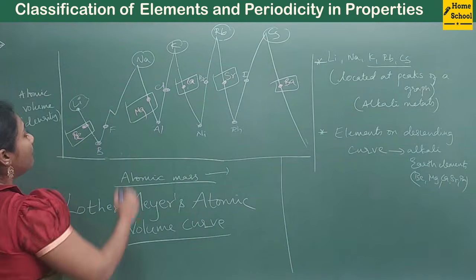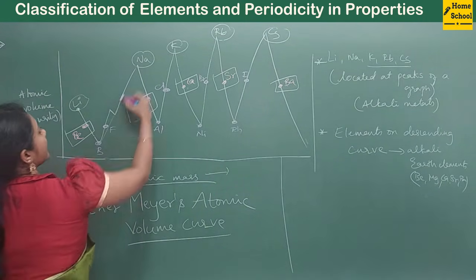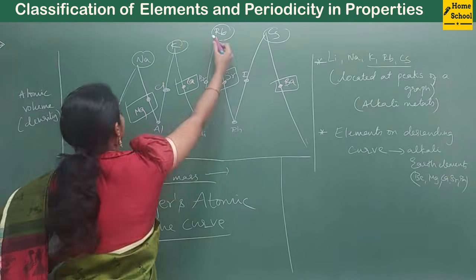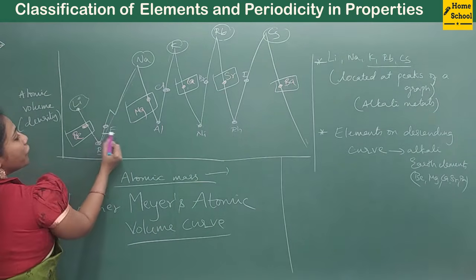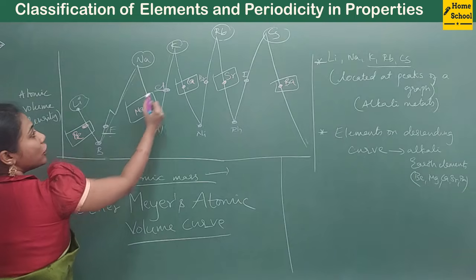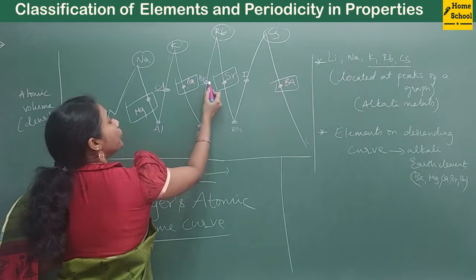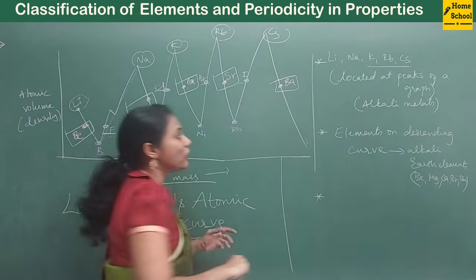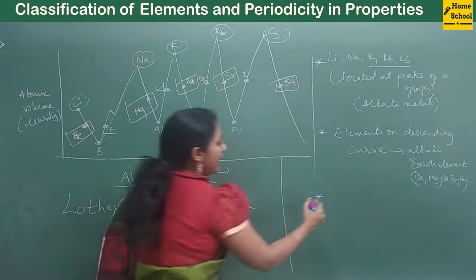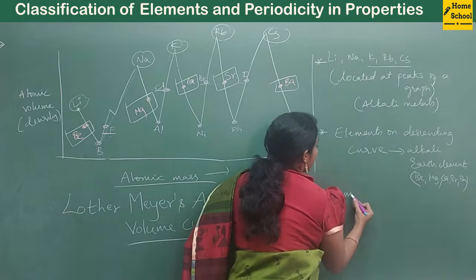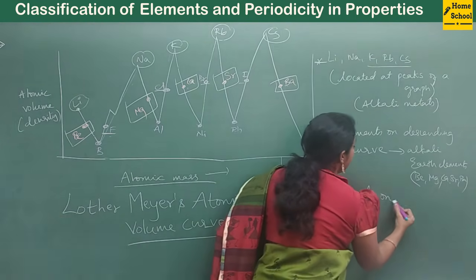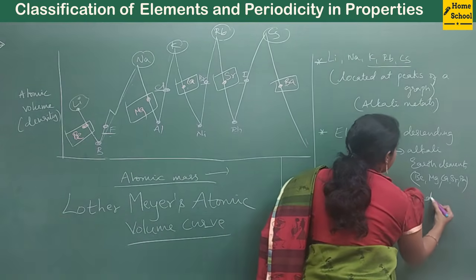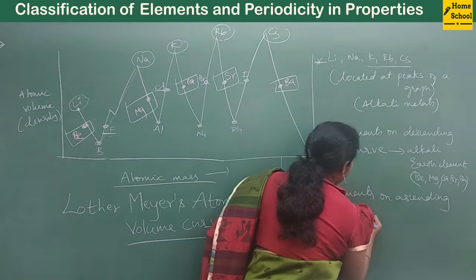And now you see the upward curve. Upward curve is what? This one. See, upward curve: fluorine, upward curve: chlorine, upward curve: bromine, upward curve: iodine. So I will call it the ascending curve. Elements on the ascending curve, which are they?